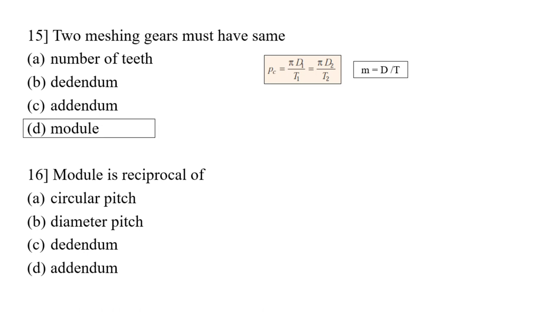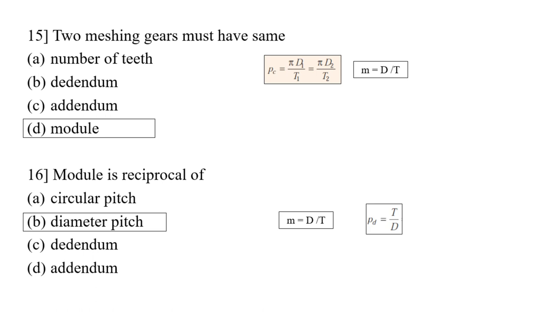If circular pitch is in the options, that will also be correct. If module is there, then also it will be correct. So module is the correct answer for this question. Next, module is the reciprocal of. Module m is equal to d by t, and diametral pitch P_D is equal to t by d. Therefore module is the reciprocal of diametral pitch.